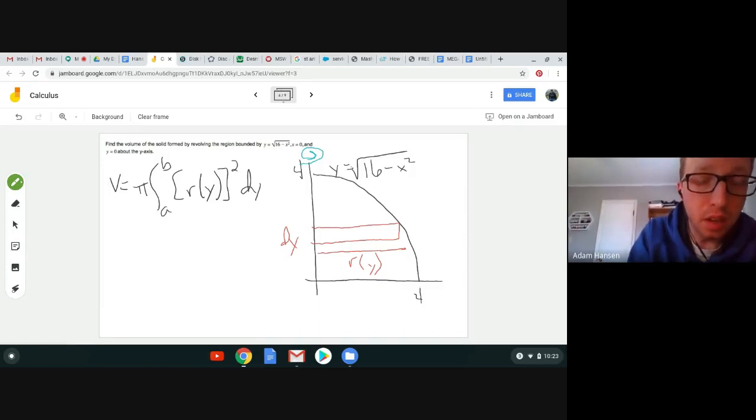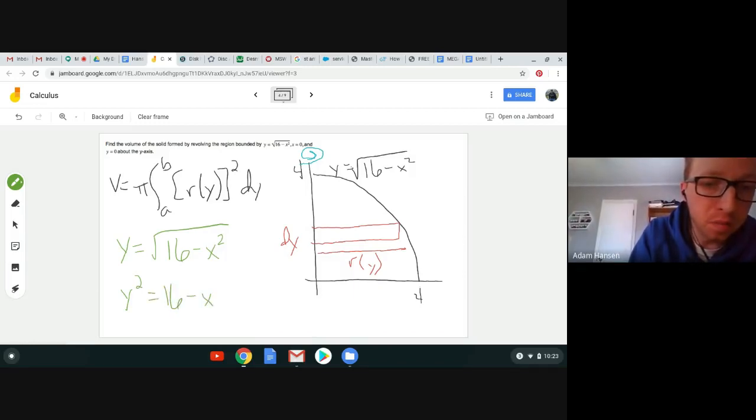So let's take that function and solve for the other variable. If I square each side, I'll get y squared equal to 16 minus x squared. I'm going to switch these two around.